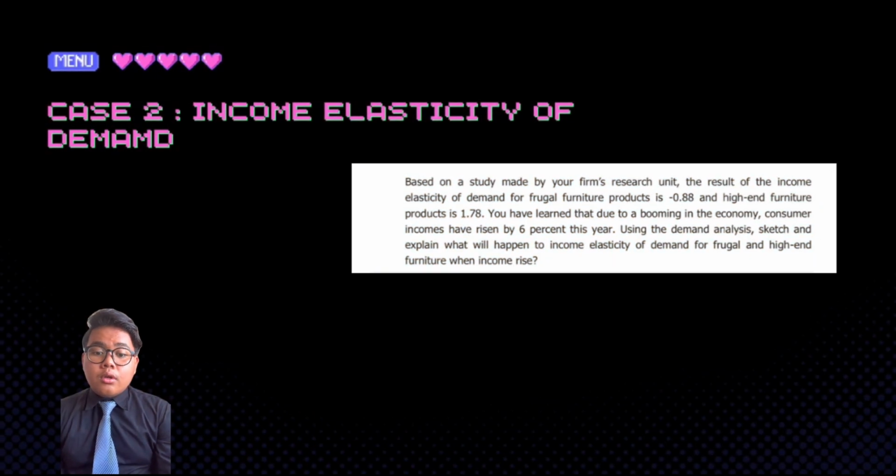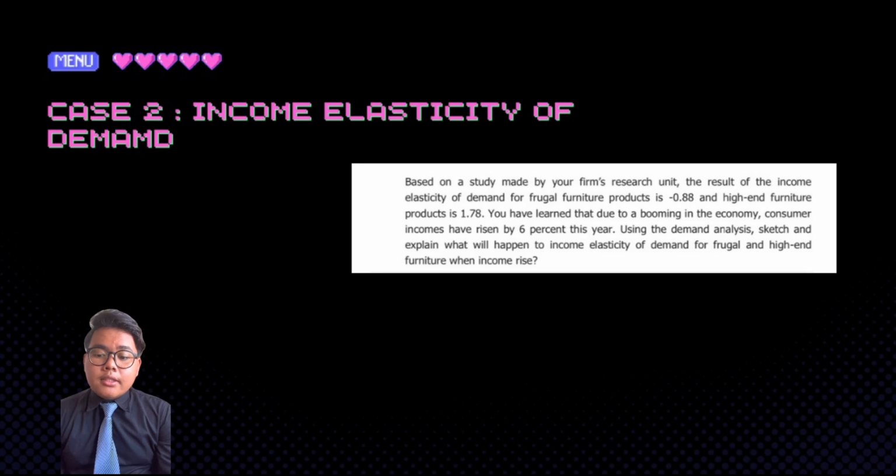Case 2. Income elasticity of demand. Based on a study made by your firm's research unit, the income elasticity of demand for frugal furniture products is negative 0.88 and for high-end furniture products is 1.78. You have learned that due to the booming economy, consumer income has risen by 6% this year.